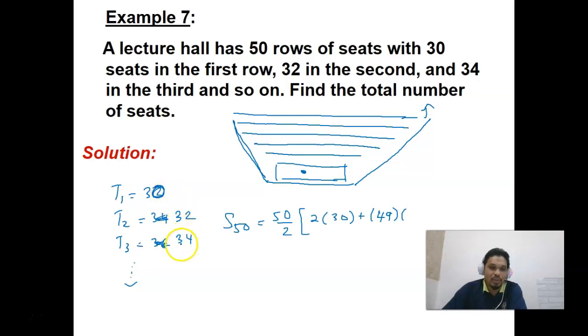The difference between the third row, 34, and the previous, T2, which is 32, is 34 minus 32 equals 2. And the total number of seats is 3950.